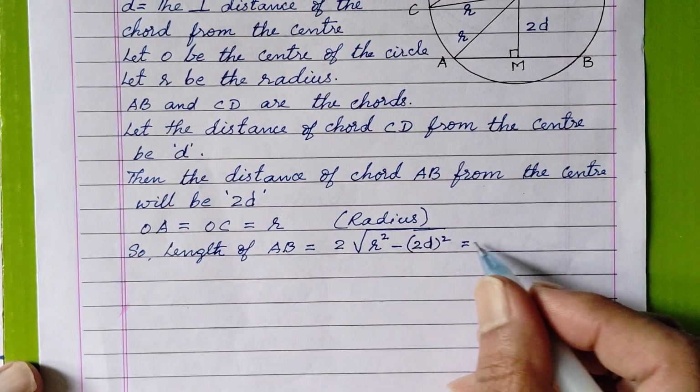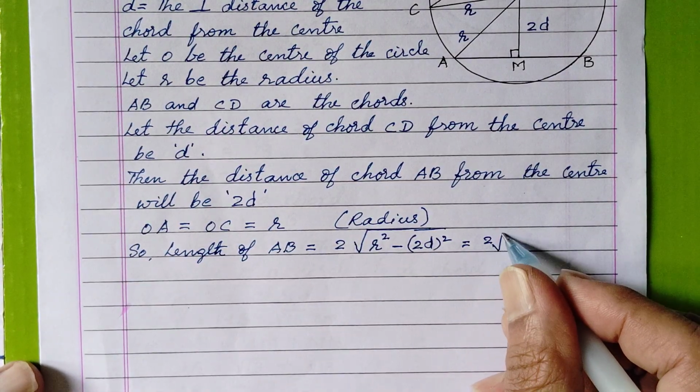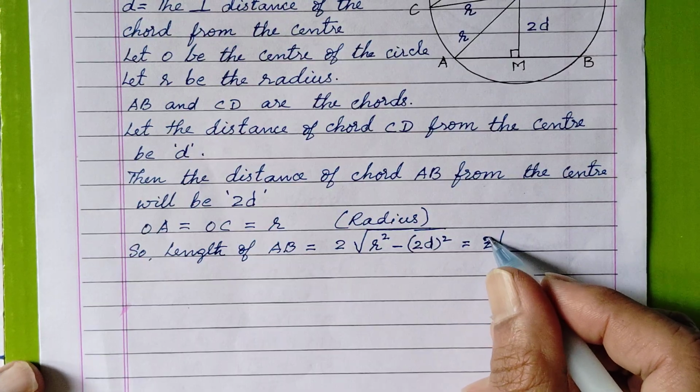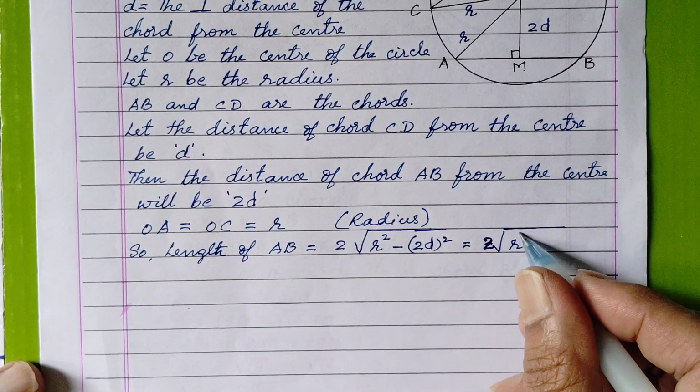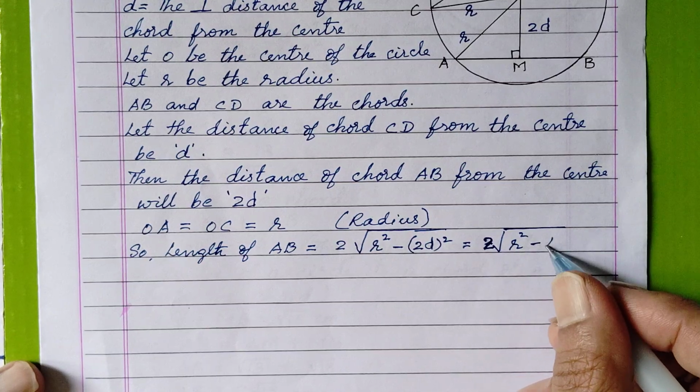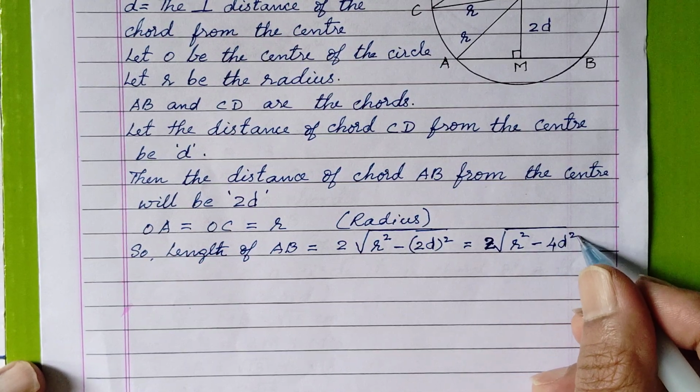So that will be equal to twice of root R square minus 4D square.